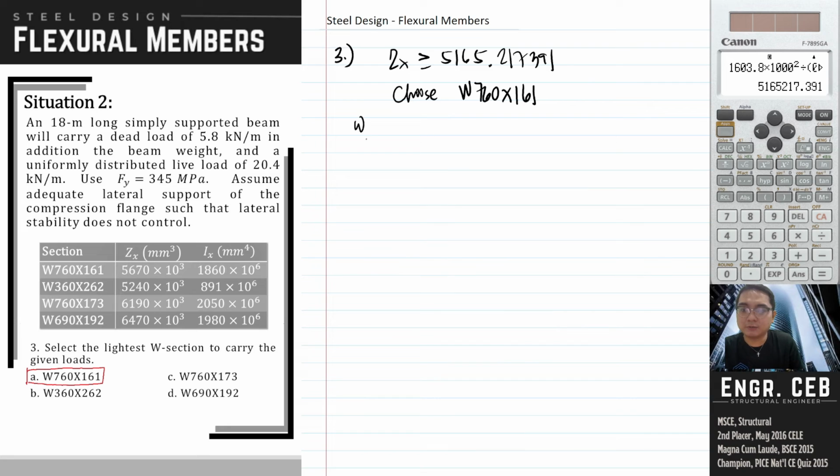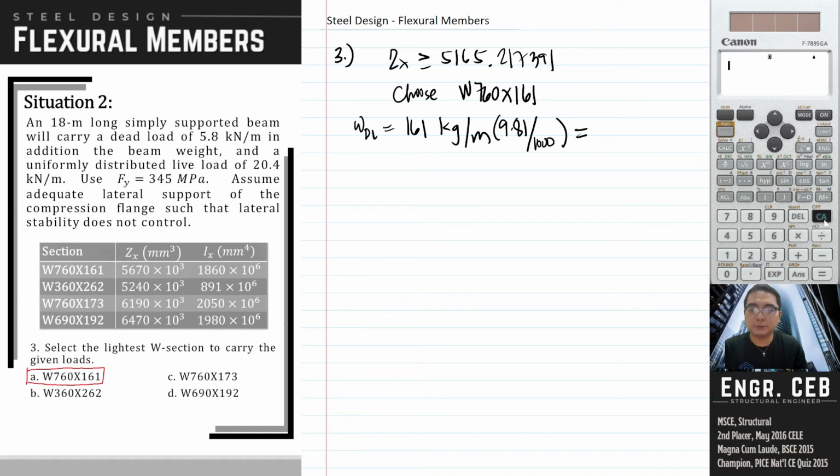The weight of the beam is simply the second number and its units is in kilograms per meter. So we just multiply this by 9.81, the acceleration due to gravity. Then we divide this by 1,000 to convert it into kilonewton per meter. So this is 1.57941 kilonewton per meter.